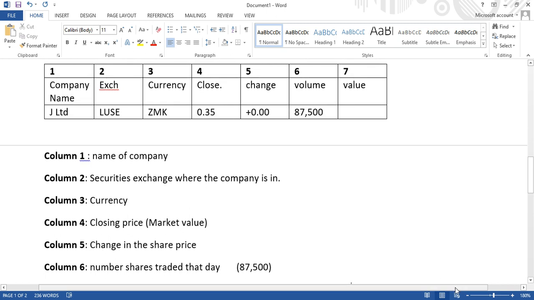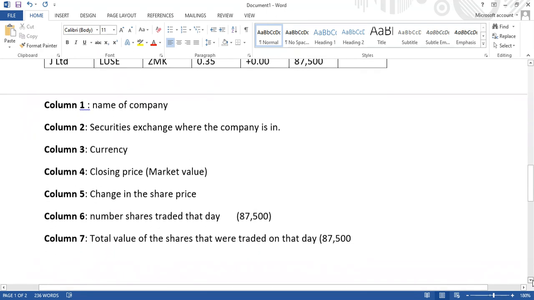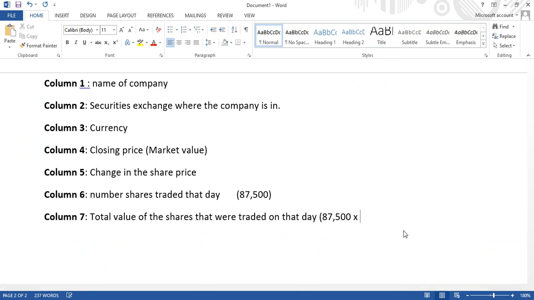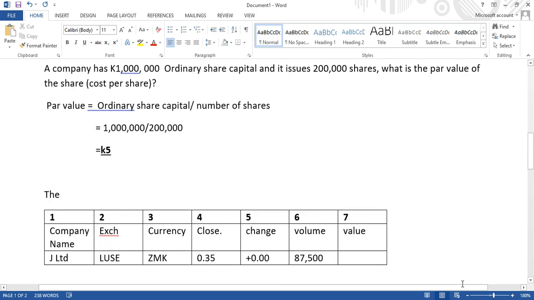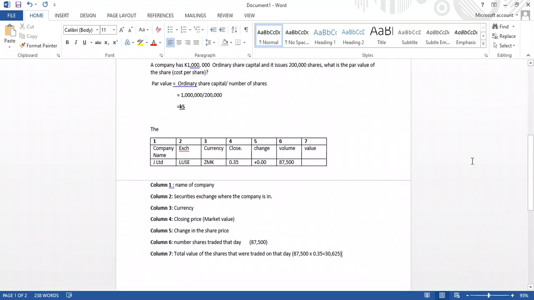We have 87,500 shares traded that day, multiplied by the closing price of the shares. So 87,500 times the closing price, which is 0.35. So to find the total value of the shares traded that day, it's 87,500 times 0.35. We get 30,625.